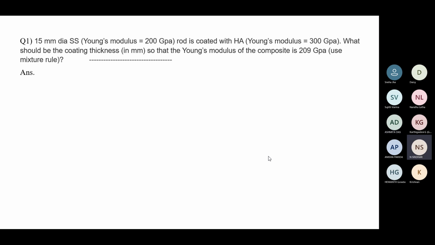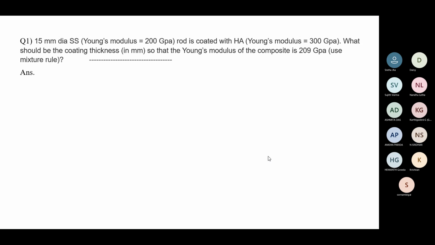Using a formula E1 V1 plus E2 V2 equal to E1 A1 plus E2 A2. Using this formula, first find the area of the SS rod, ma'am. Can you please repeat the formula again?